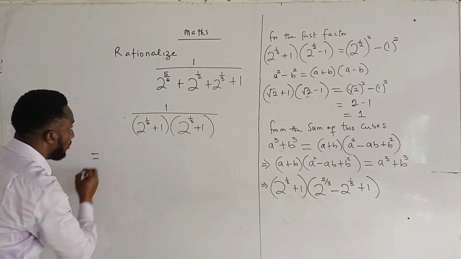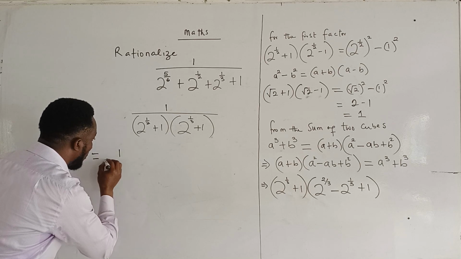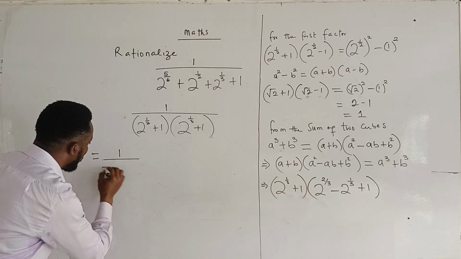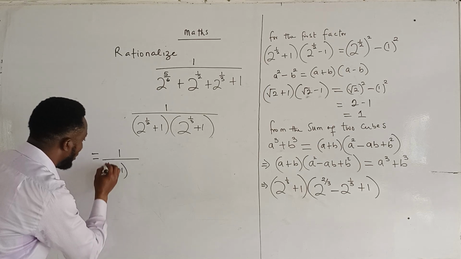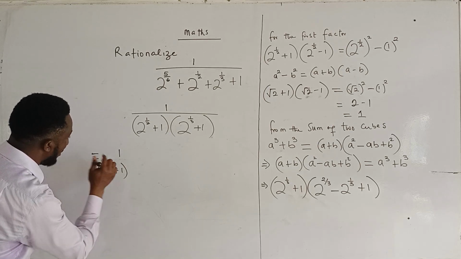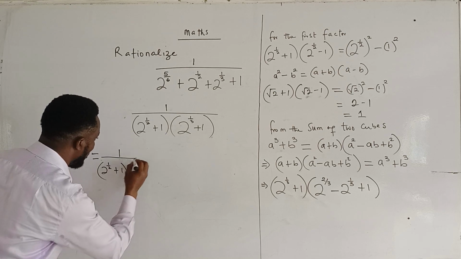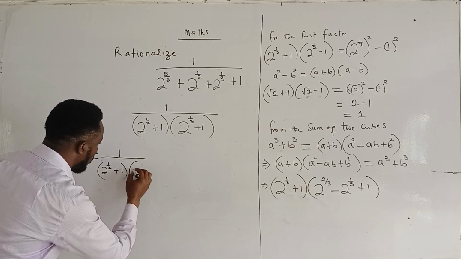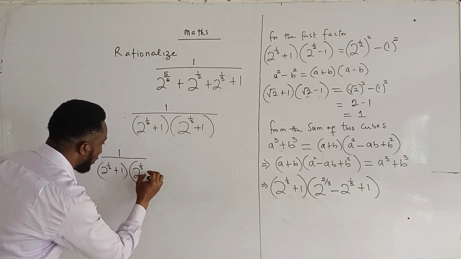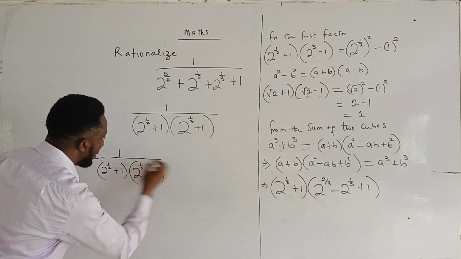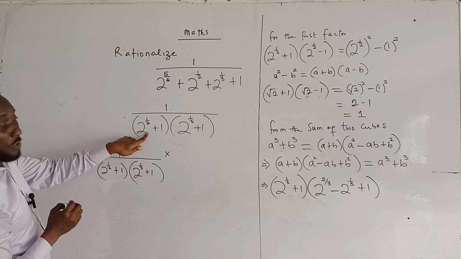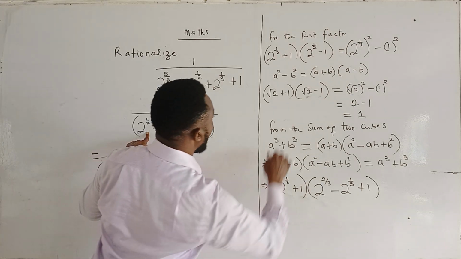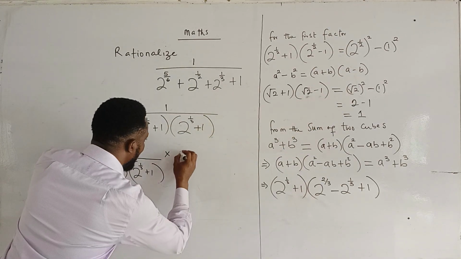This is going to be equal to 1 upon 2 to the power of 1/2 plus 1. Let me draw this neatly because it's going to be a very big expression. To the power of 1/3 plus 1, under parentheses. I will multiply this by the conjugate of this, which is root 2 minus 1.